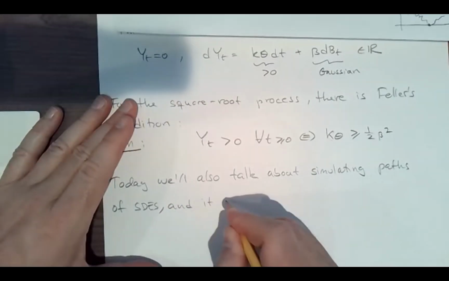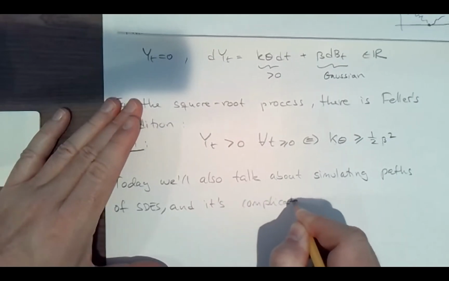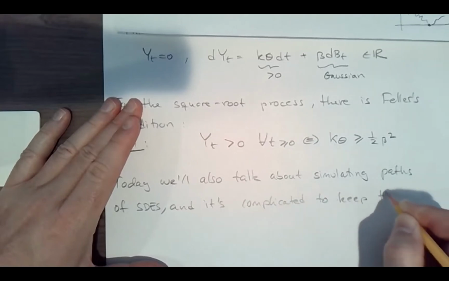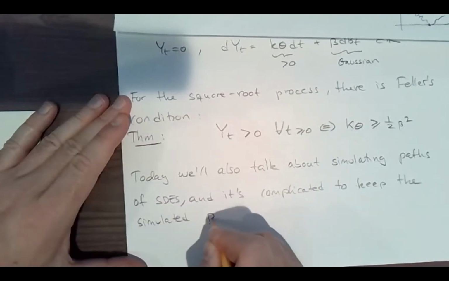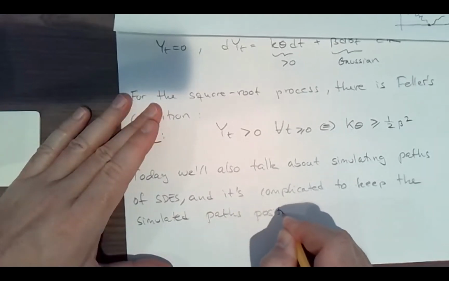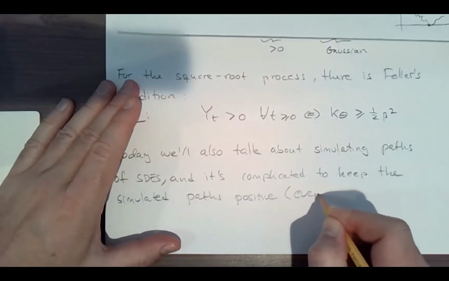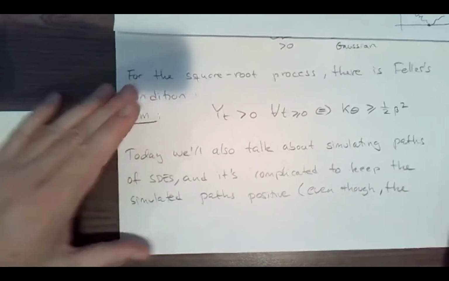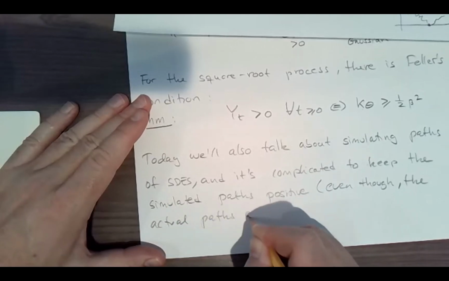And it's complicated to, for example, keep the simulated paths positive, even though the actual paths are positive.